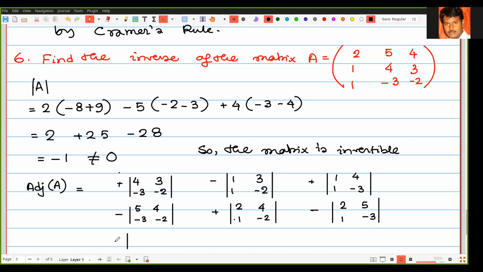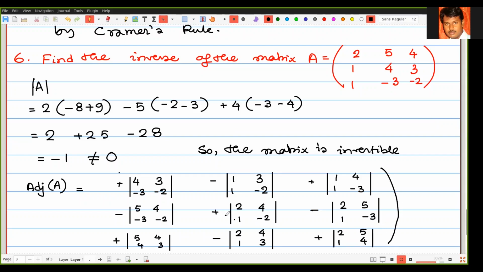And the third row is now plus, that is 5, 4, 4, 3, minus of 2, 4, 1, 3, and then plus 2, 5, 1, 4.